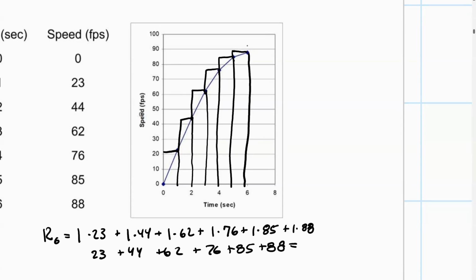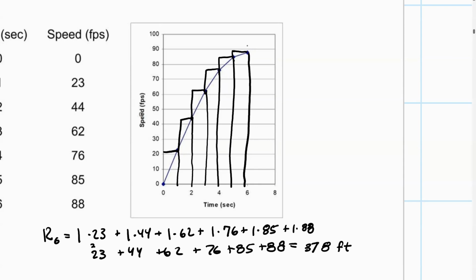3 plus 4 is 7, plus 2 is 9, 15, 20, 28. Carry the 2. 4 plus 4 is 8, 14, 21. 21 plus 7 is, 21 plus 8 is 29. 29 plus 8 is 37.